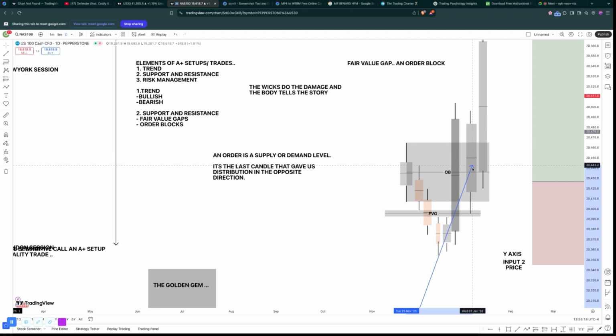You wait for them to come back and pick you up here at this fair value gap to go with them. You understand? So that means this fair value gap here is going to act as what? Support now. It has to act as support to stop price from continuing going down.